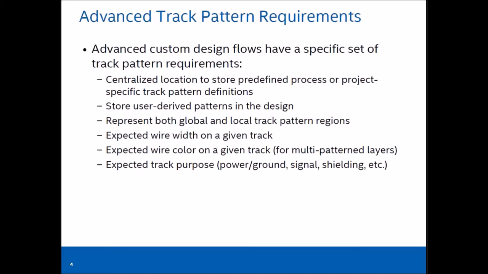And of course, with multi-pattern technologies, we have these concepts of different colors. Sometimes the tracks need to know what color is intended for that track, since planning ahead of time can help with multi-patterning. And then of course the track purpose, like I mentioned earlier, whether the track's intended for power, ground, or signals.